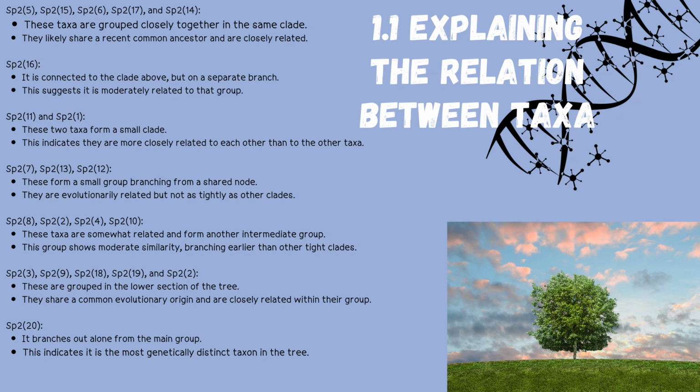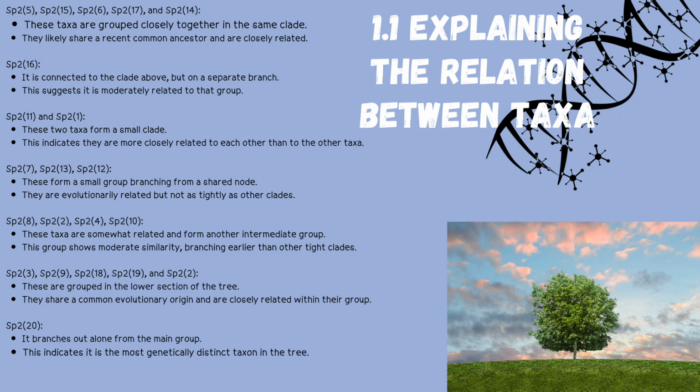This suggests it is moderately related to the group. sp2 11 and sp2 1. These two taxa form a small clade. This indicates they are more closely related to each other than to the other taxa.